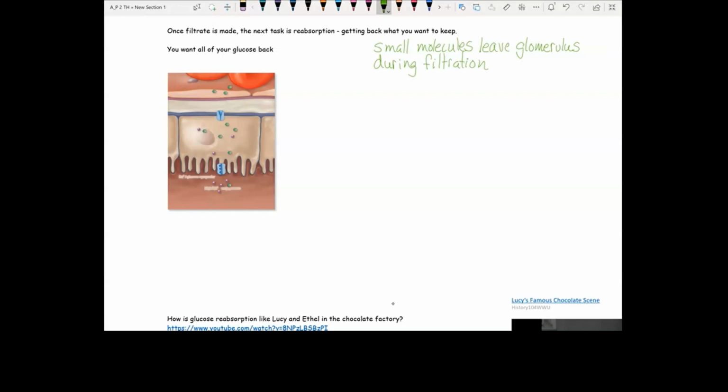And many of those small molecules that left, you actually want to keep. So now you do reabsorption.